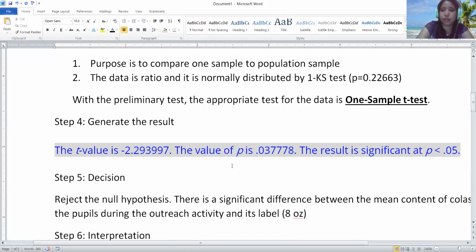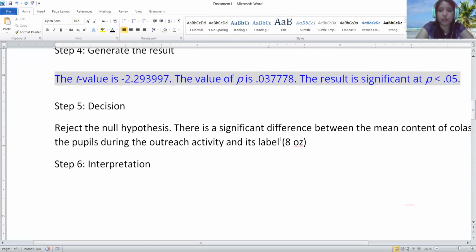And decision, so the result is significant at p less than 0.05, which means that we are rejecting the null hypothesis because based from the generated result using the online calculator, there is a significant difference, so we are accepting the alternative hypothesis, which means we are rejecting the null hypothesis.